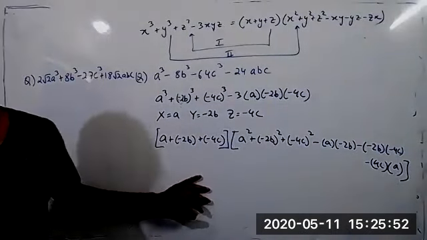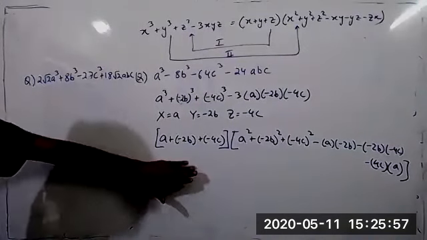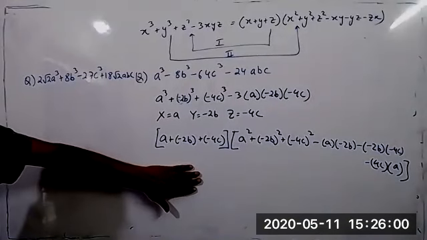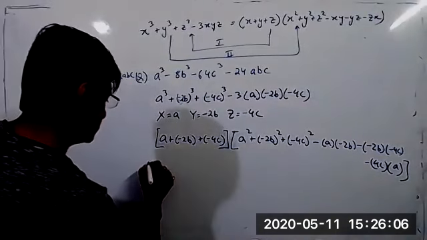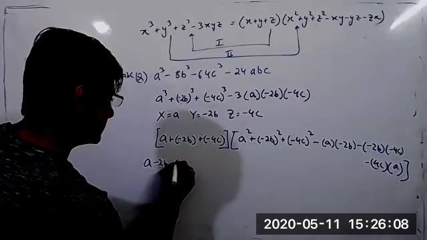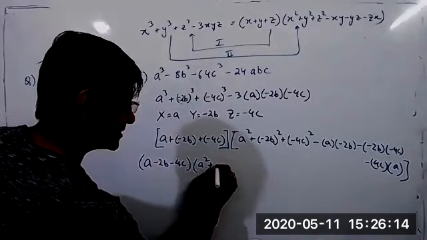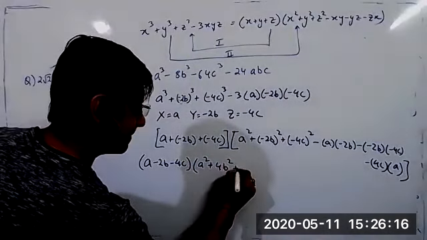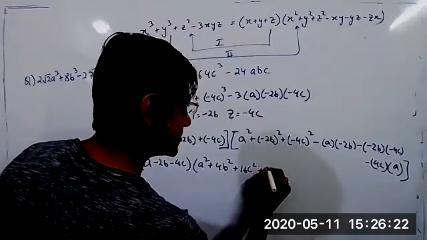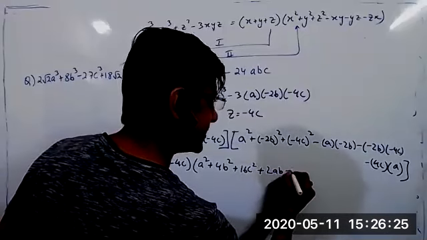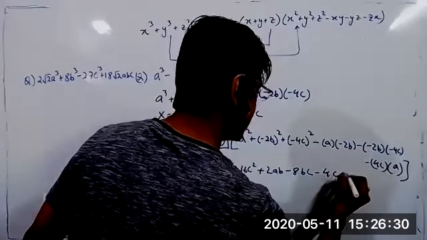Any doubt? Any doubt in this step? No, sir. So a minus 2b minus 4c into a square plus 4b square plus 16c square plus 2ab minus 8bc minus 4ca.